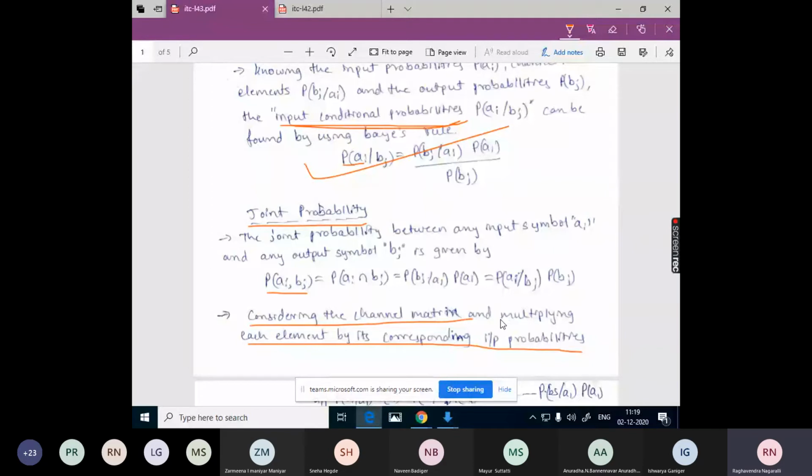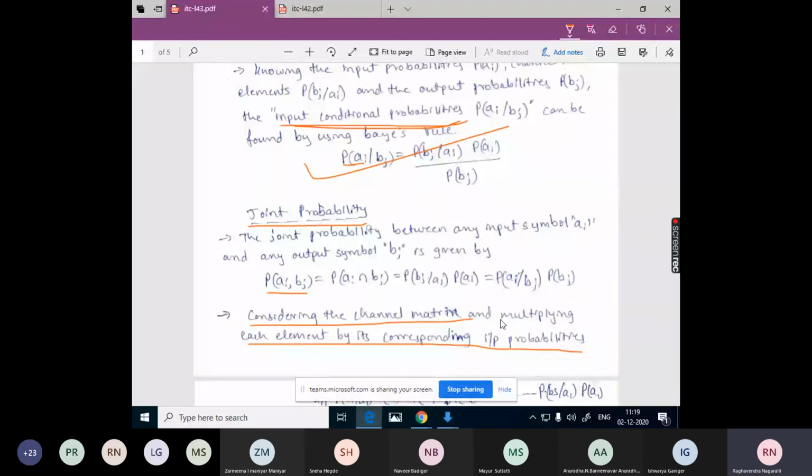So we know that summation of j equal to 1 to s of output probabilities is equal to 1. Okay. So j is varying from 1 to 3 here. So P of B1 plus P of B2 plus P of B3 is equal to 1. So P of B1 is 1 by 3 given. P of B2 is 14 by 36 given. And P of B3, which is missing, is what we need to calculate. From this equation, we can directly calculate P of B3 because that is the only unknown variable here.